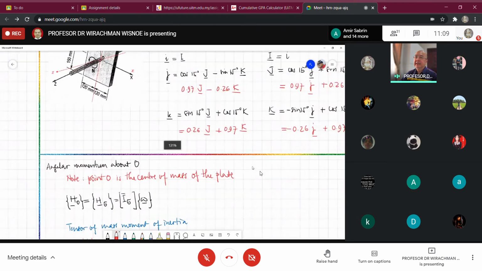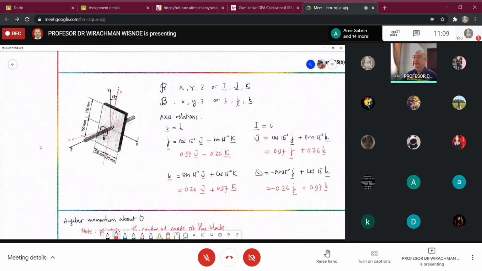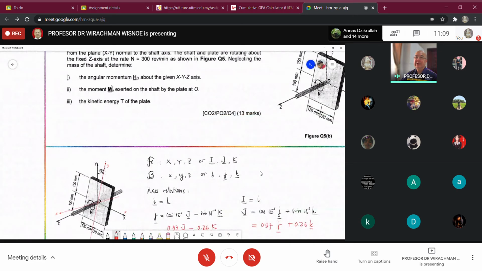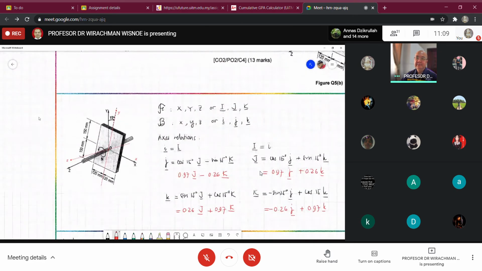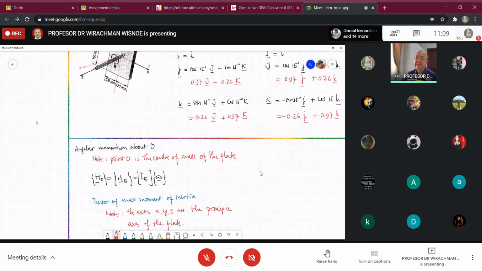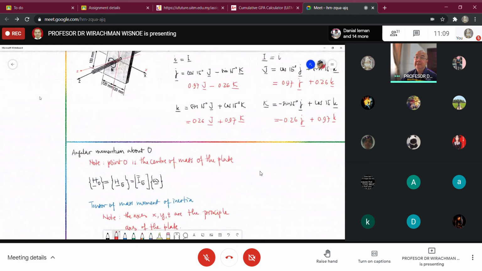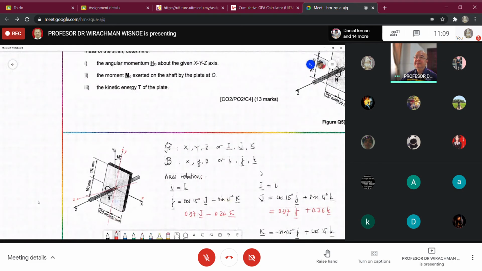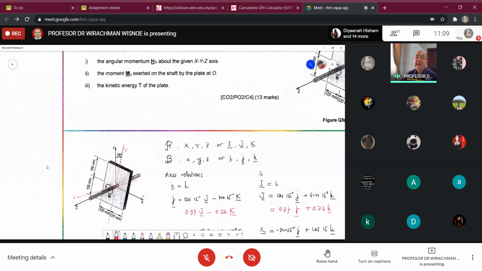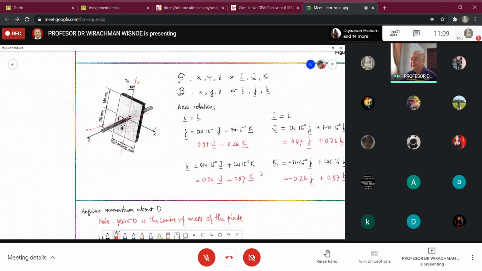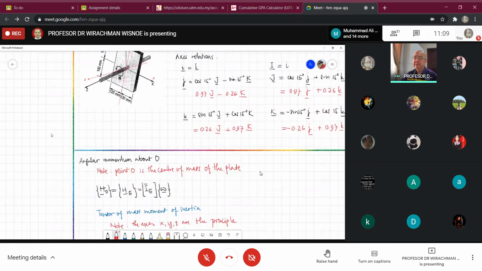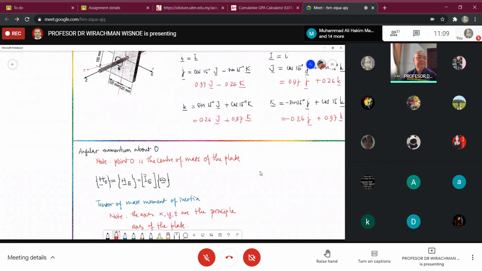Okay, the question is about angular momentum. Angular momentum about point O. Let's see whether we can find a formula in your slide. This one.